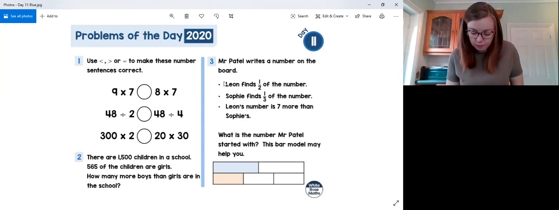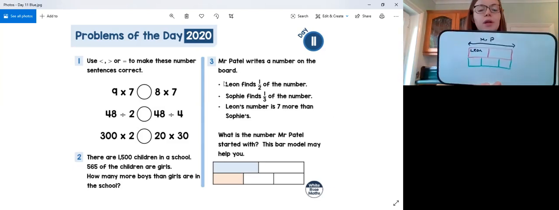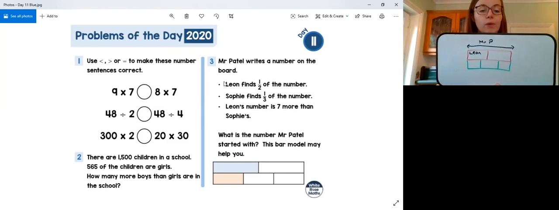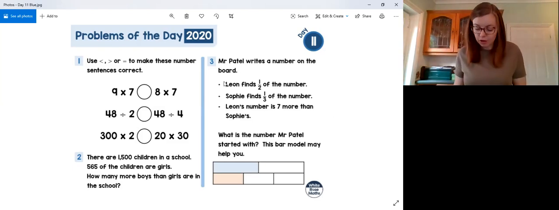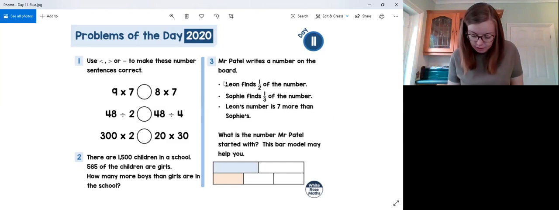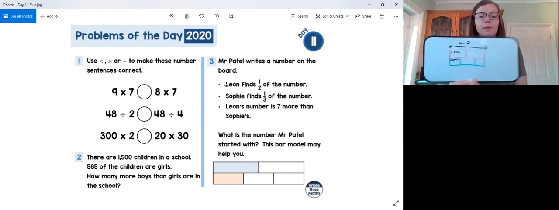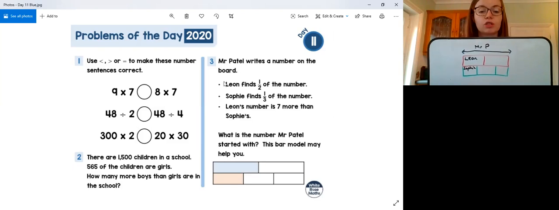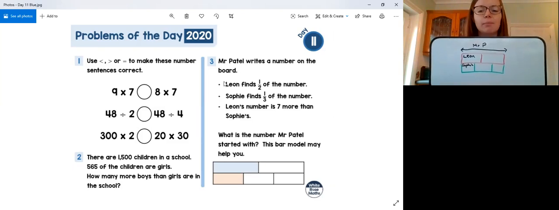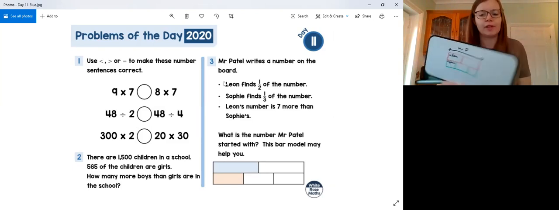Leon found half. So Leon can be labelled in one red box. Sophie finds a third. So Sophie can be labelled in one green box. And Leon's number is 7 more than Sophie's.